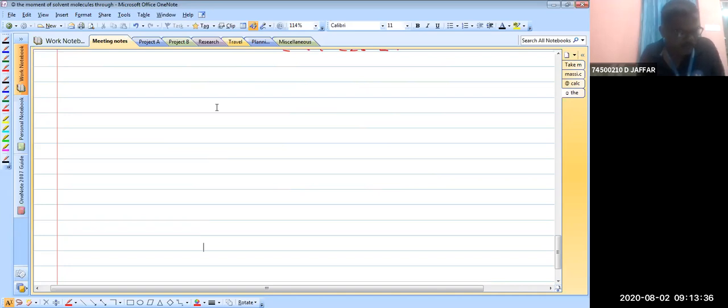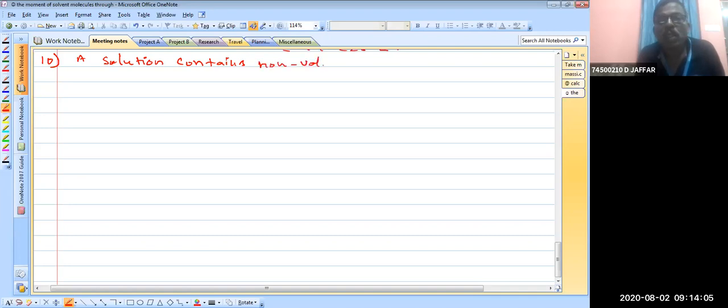Next question, question number 10. A solution contains a non-volatile solute of molecular mass M2, capital M2.